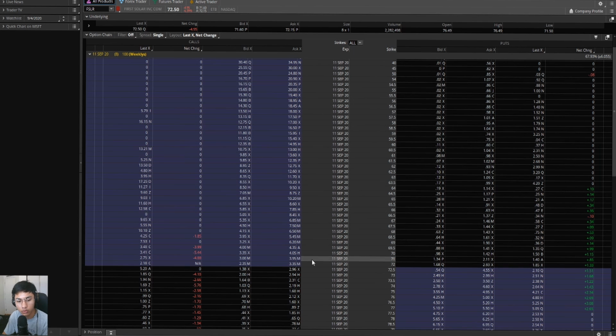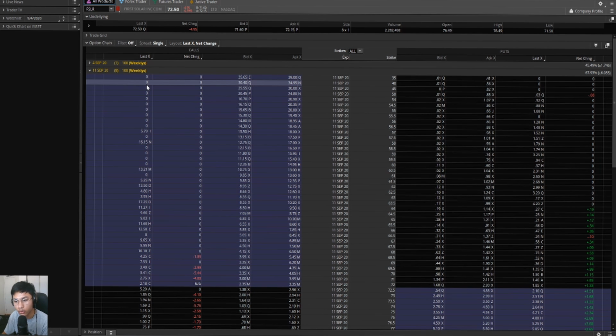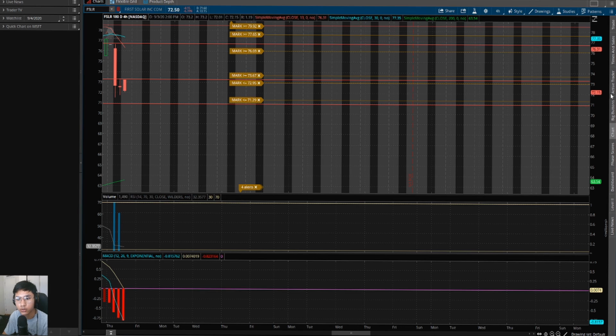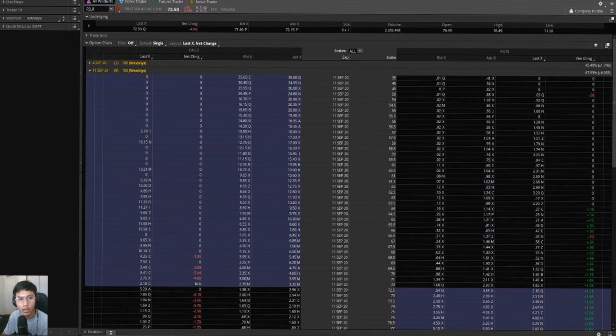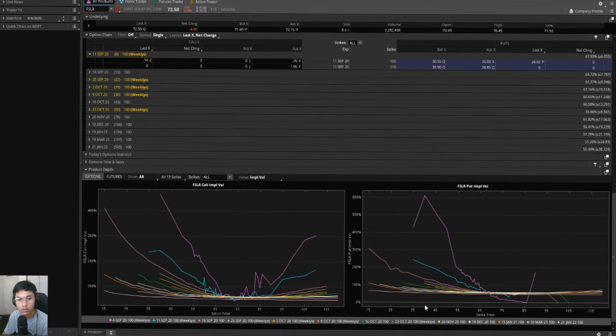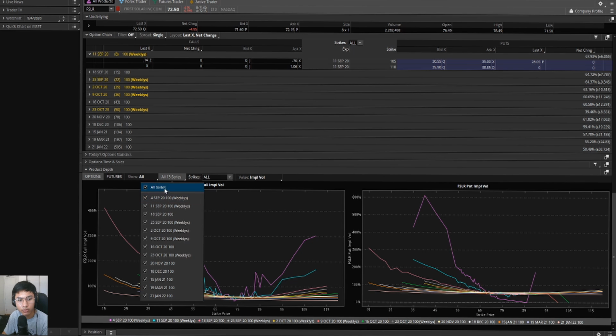So the point here is that we look at the option chains and know what affects the option price. The three most significant factors that affect the option are the underlying stock price, which is the stock's price increasing or decreasing, and the implied volatility, which is the implied volatility for the stock's price.